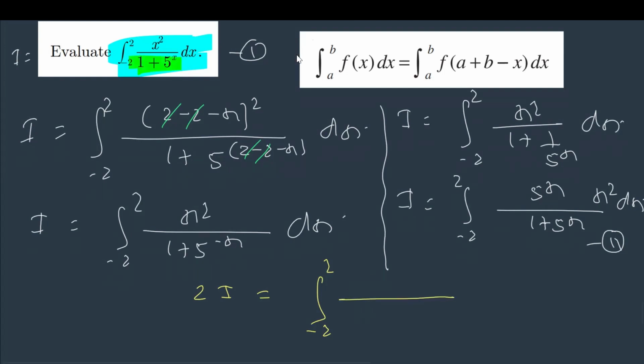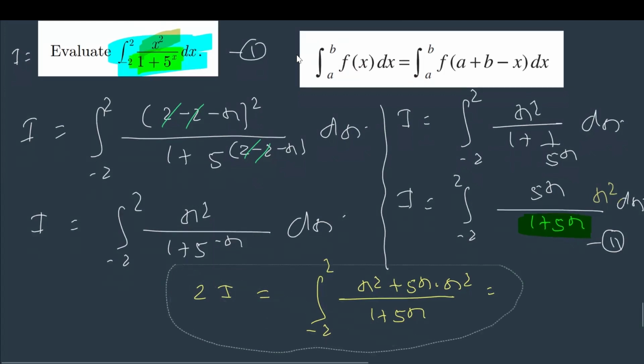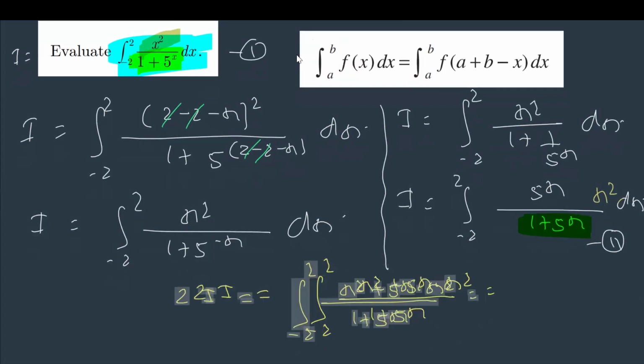Let me show you, this is the same denominator over here. So the denominator remains the same, that is 1 plus 5 raised to the power x. And the numerator, if you add, check the numerator. The numerator is what over here? This is x square and this is 5^x times x square. So this is x square plus 5 raised to the power x times x square. So if I take x square as common, minus 2, I think we can do it here only. So as you can see, the working on a single page.